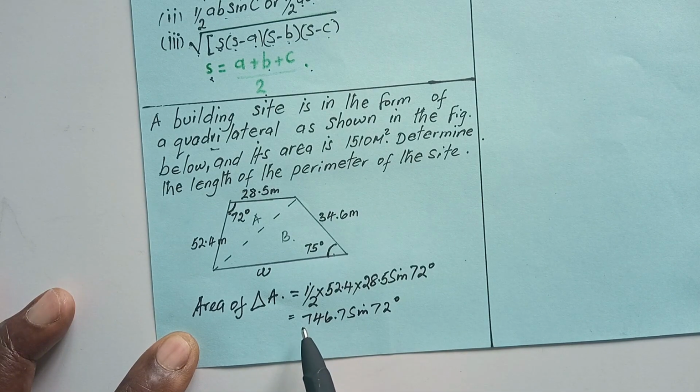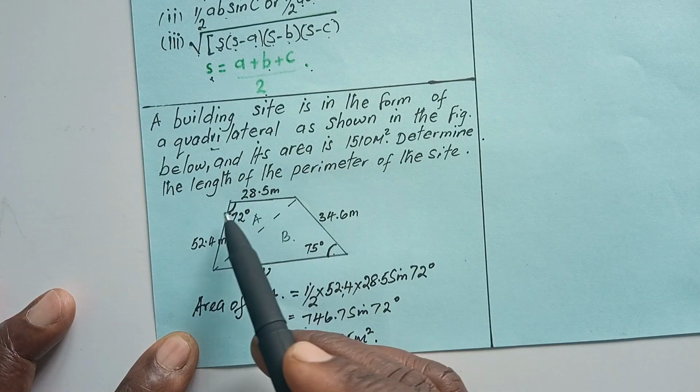When you multiply a half times this one, you get this times sine 72 degrees. This one, when we've worked it out, is going to be 710.15 meters square. That is our area A.